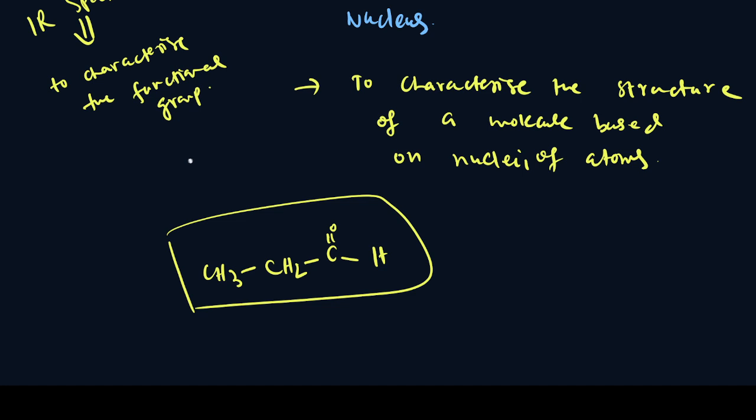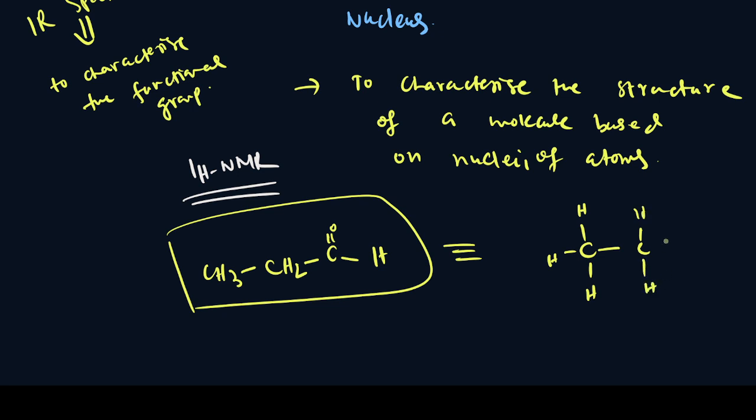So let's say you have proton NMR. In the 1H NMR, around these carbons, how many protons are there, and due to these protons, how many signals we are getting.